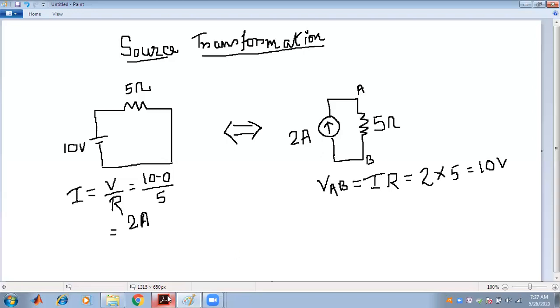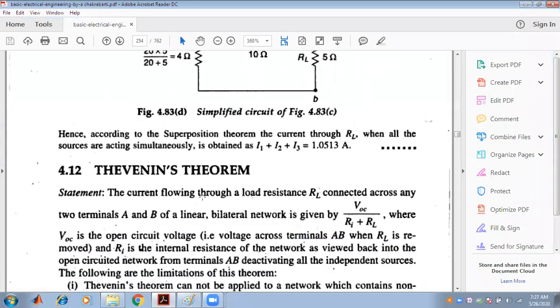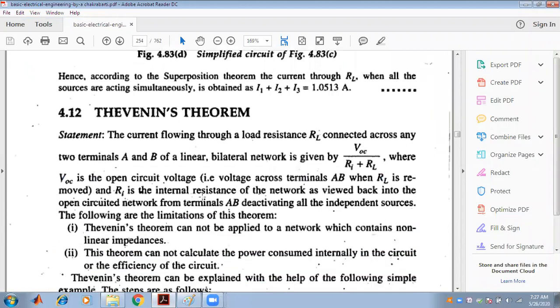Now we will do Thevenin's theorem. What is the statement of Thevenin's theorem?